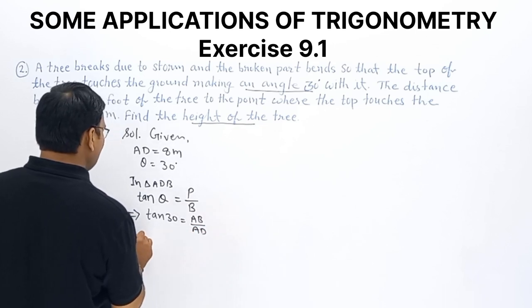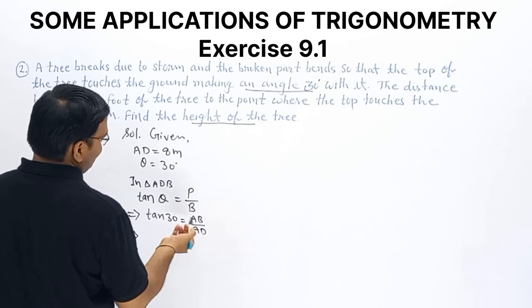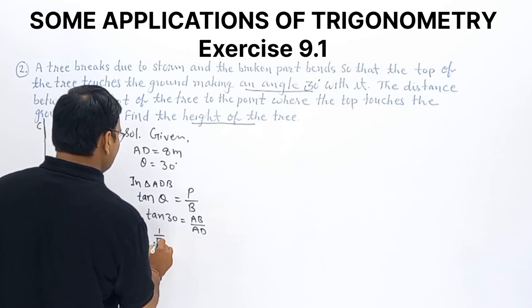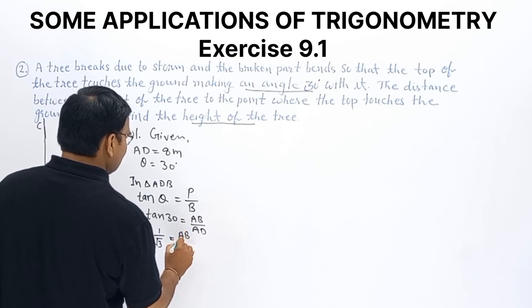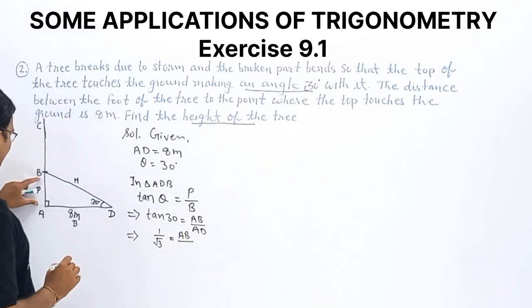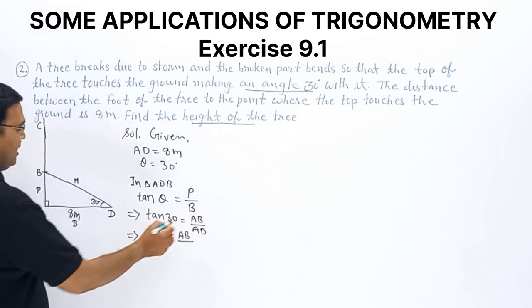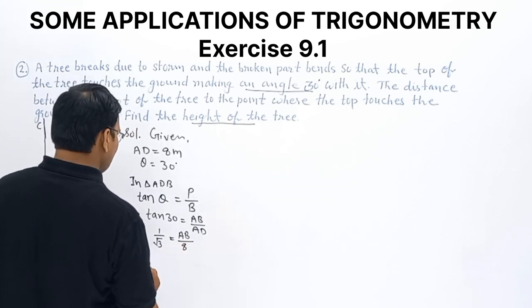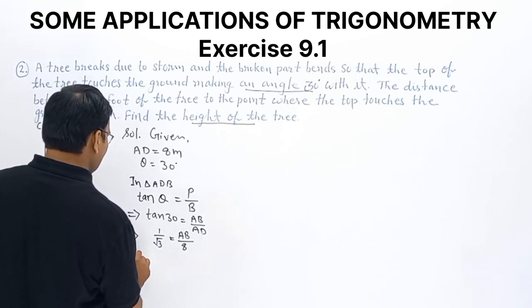Now I am putting the values of the given data. Tangent 30 is 1 upon square root of 3 equal to AB, which we require, the remaining part of this tree, upon AD, the base, which is 8 meter. Once we solve, what are we getting?